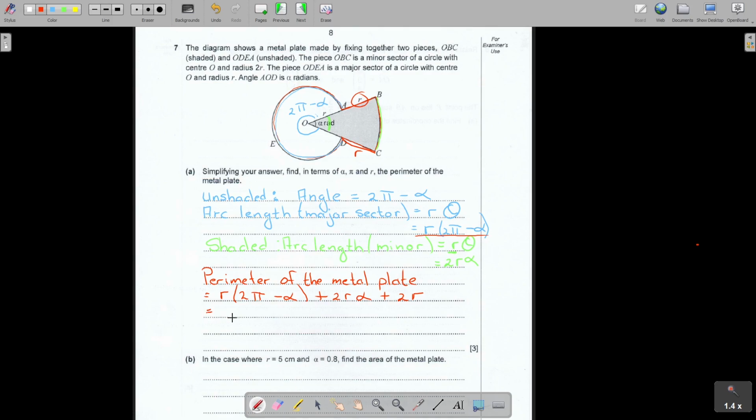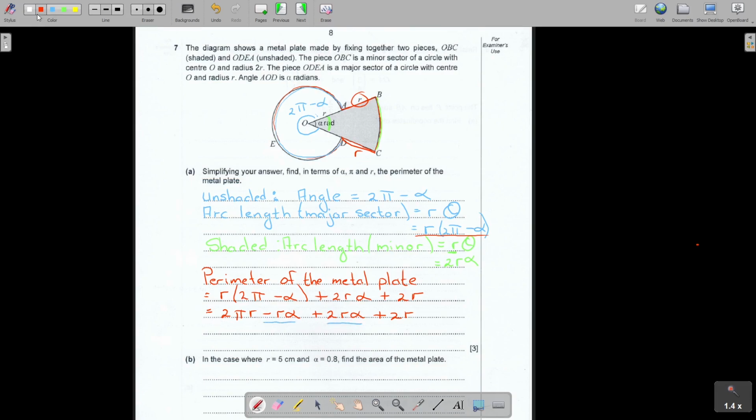Okay, now I just simplify and see if I find like terms. So 2 pi r minus r alpha plus 2r alpha plus 2r. Now let's see the like terms. Do you see that this and this, they have the same variables?